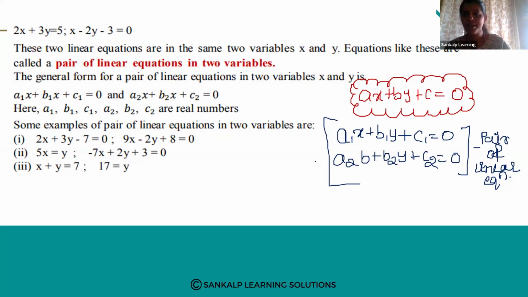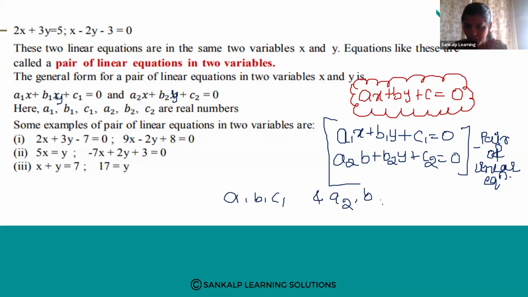This is very, very important. We have to remember: a1x plus b1y, it is not x, it is y, plus c1 is equal to 0 and a2x plus b2y plus c2 equal to 0. Here, another important thing is a1, b1, c1 and a2, b2, c2 are real numbers.